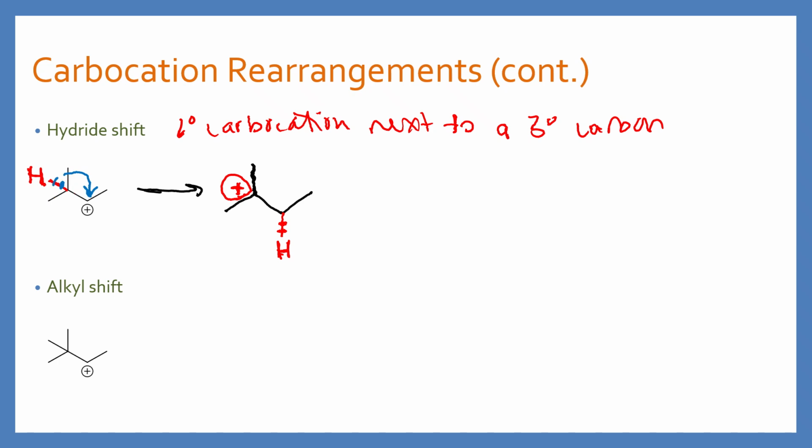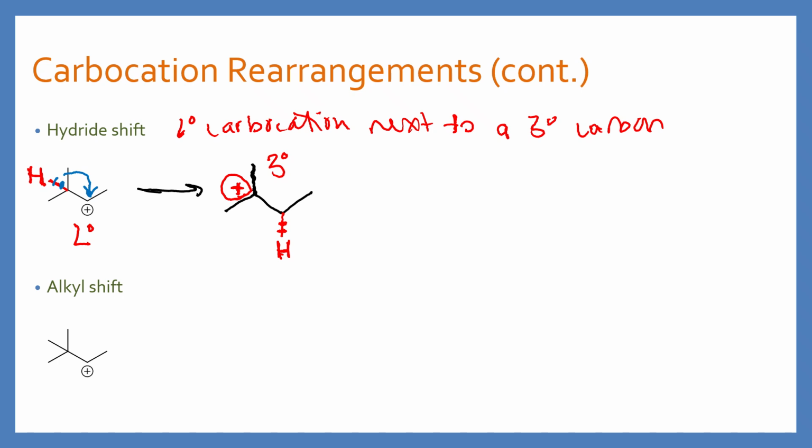We have to move electrons to accomplish that. So we take this, we slide it over, and we essentially flip-flop the position of the carbocation by doing that. And the reason that this would happen is because we took our secondary carbocation and turned it into a tertiary. So there is a big energetic payoff by creating something that's much lower in energy.